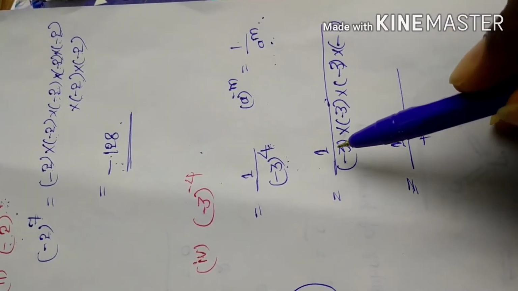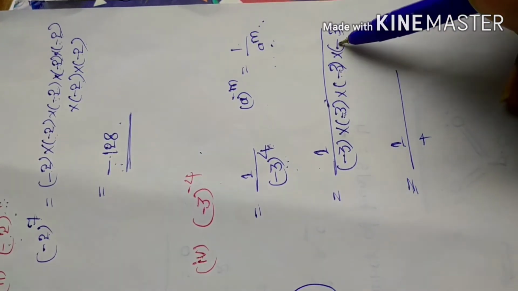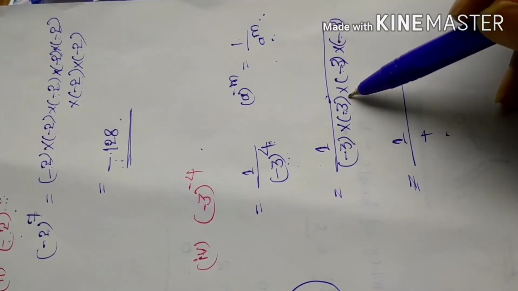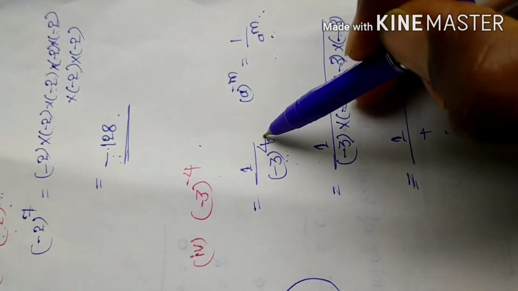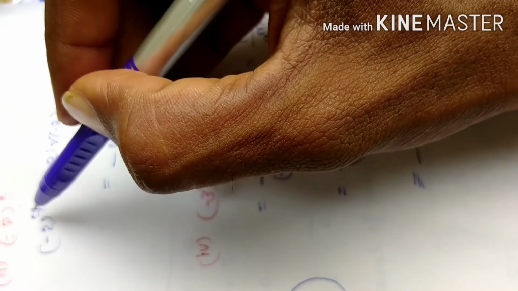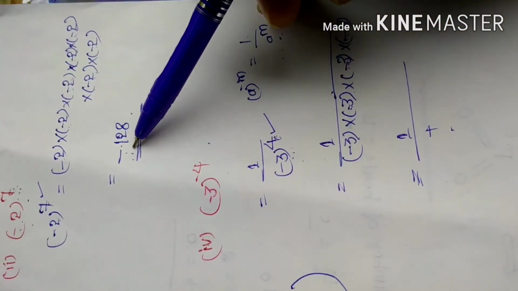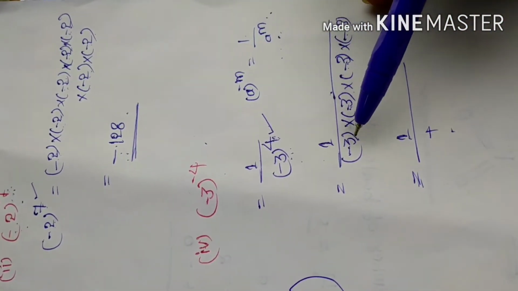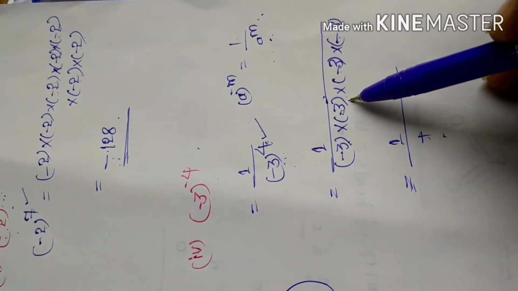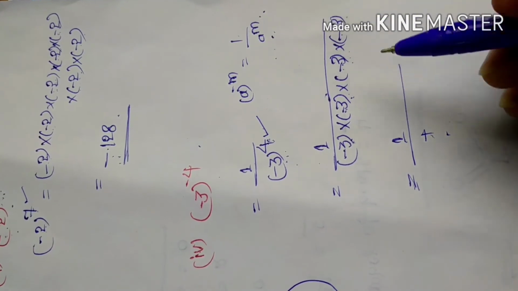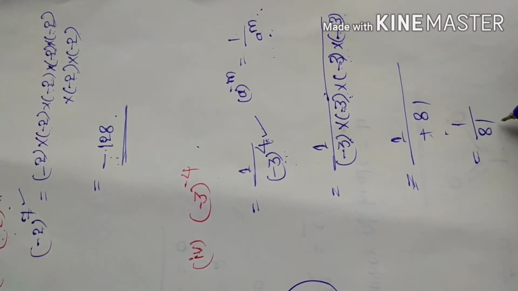If you have any doubt you can check: minus into minus is plus, plus into minus is minus, minus into minus is plus. You need not do the calculation, just see if the power is an even or odd number. If odd, your result will be negative; if even, the result will be plus. Now multiply 3 threes are 9, 9 threes are 27, 27 threes are 81. That means your answer is 1 by 81.